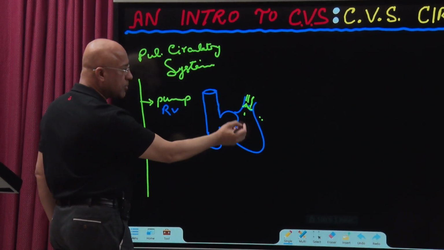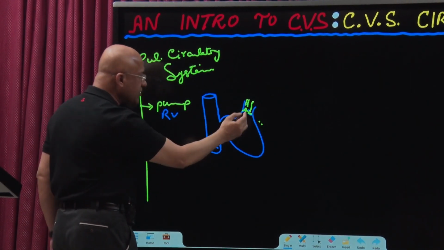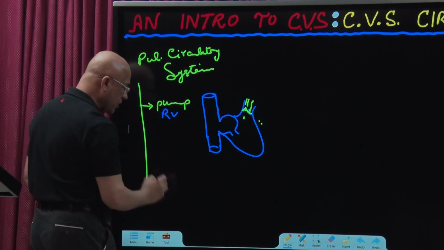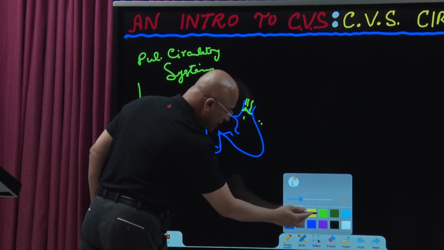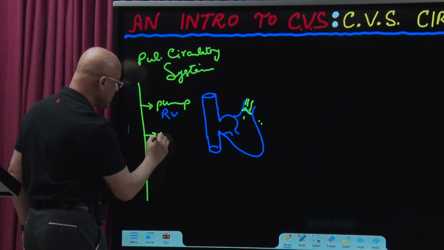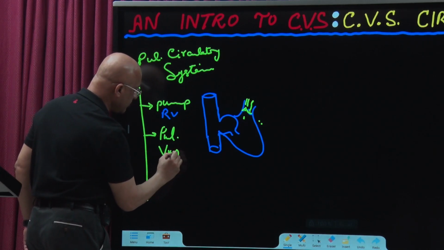This is the major pump for the pulmonary circulation. Then after that, the second part is the pulmonary vasculature. Pump, then pulmonary vasculature. I will draw the pulmonary vasculature now.